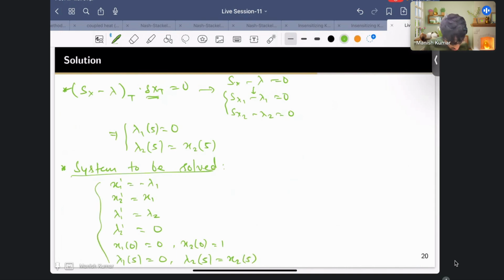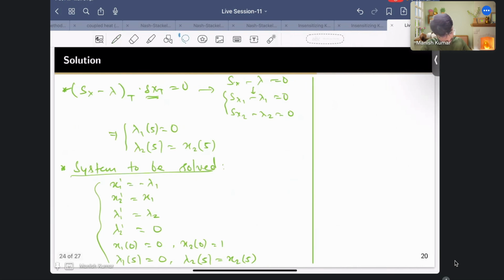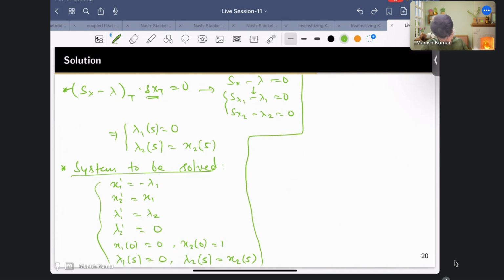Okay, now this is quite simple. Let us try to solve this one. Maybe I should solve it here itself. Where should we start? You can see lambda 2 prime is 0, so that means lambda 2 is a constant function.